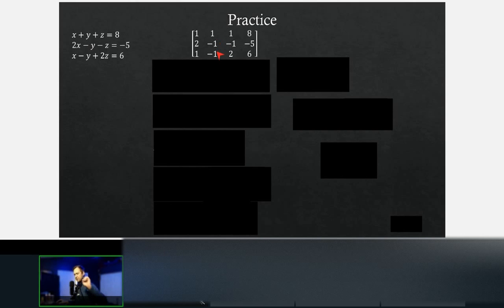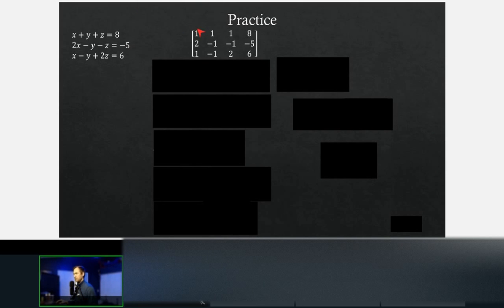And we can do 3 row operations to achieve this. We can swap rows. We could multiply a row by some scaling value, negative, positive, or even a fraction. And then we can also add or subtract rows together. So those are the 3 things that we can do: swap, multiply, and then add rows together.